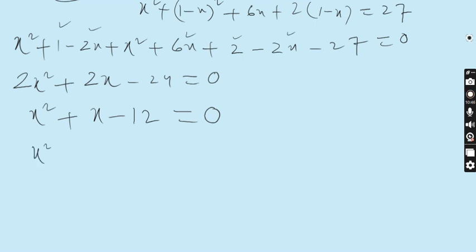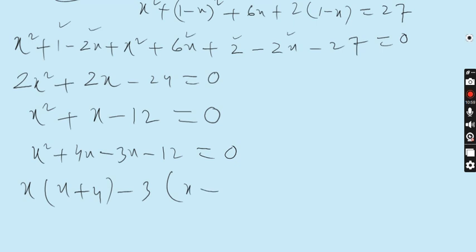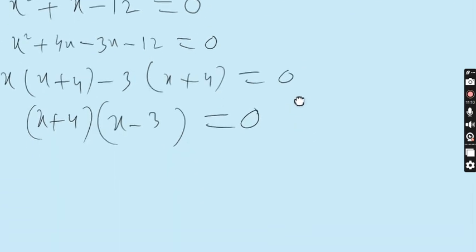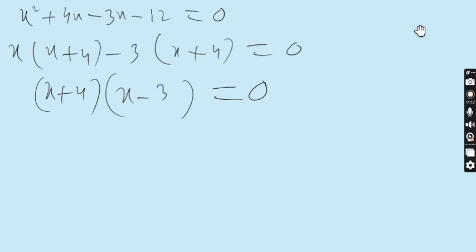So x square plus 4x minus 3x minus 12 is equal to 0. x plus 4 minus 3 (x plus 4) is equal to 0. (x plus 4)(x minus 3) equals 0. x is equal to minus 4 and x is equal to plus 3 are the x coordinates.